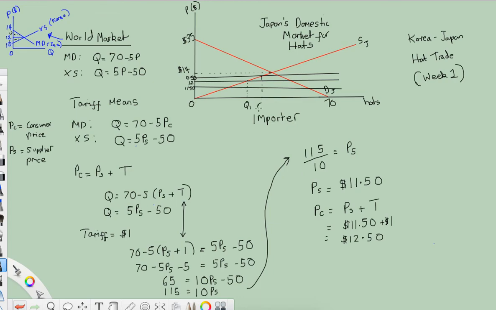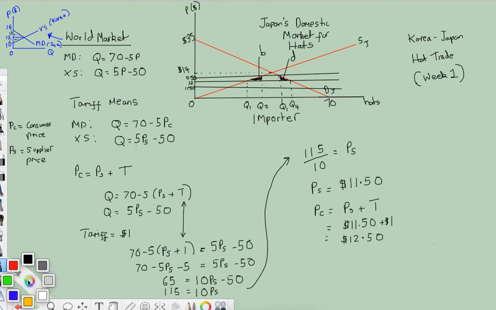So the domestic industry expands as we would expect, generating a production effect equal to this triangle here of B, and then domestic consumers cut back from Q4 down to Q1, and that's area D, the consumption effect. Those are the two welfare effects.